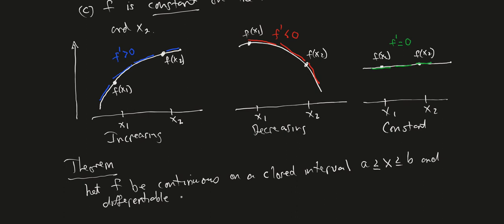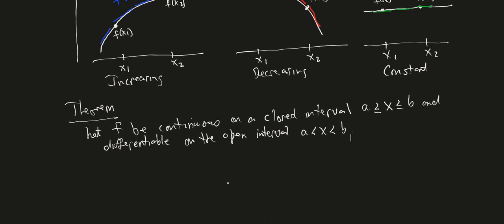So, and differentiable on the open interval. And so the open interval will be where you exclude the endpoints. So like this, right? And then let's write down three characterizations of these properties now as they relate to the derivative.